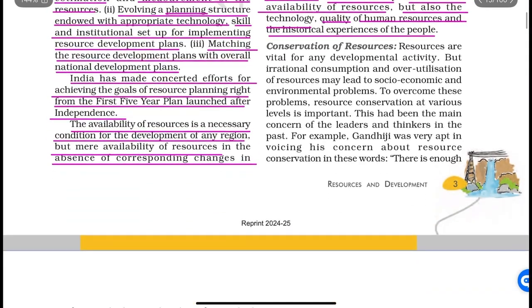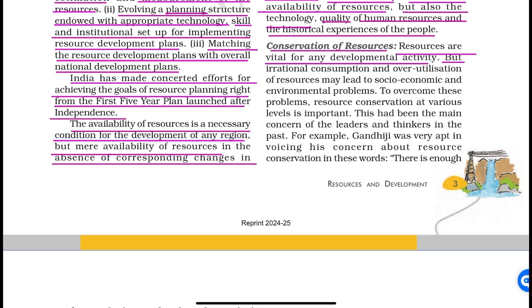Next is conservation of resources. Resources are vital for any developmental activity, but irrational consumption and overutilization of resources may lead to socio-economic and environmental problems. To overcome these problems, resource conservation at various levels is important.